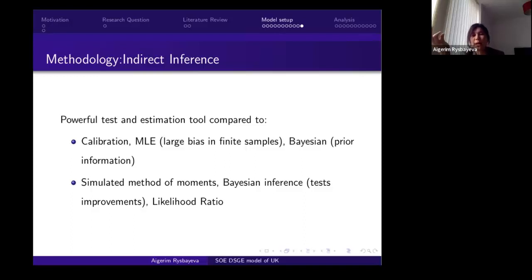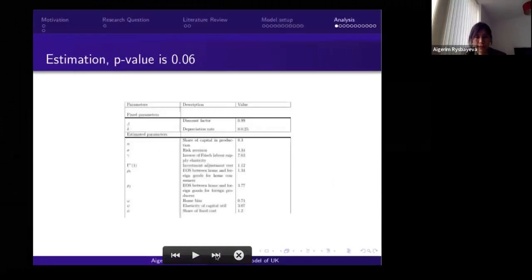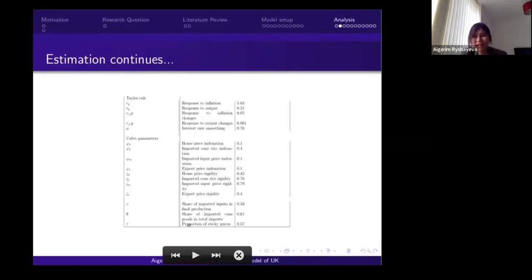If it is, it means my model passed the data test; otherwise it didn't. When I estimated the model, my p-value was 0.06, so I don't reject my model. My model is quite correct. And here I have a lot of parameters which I estimated, all using indirect inference.